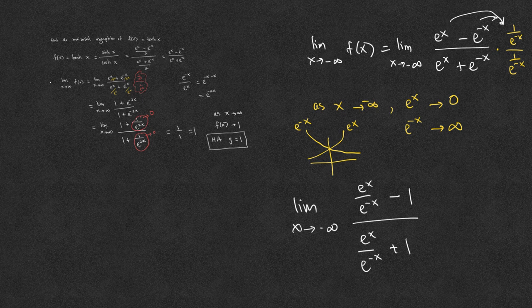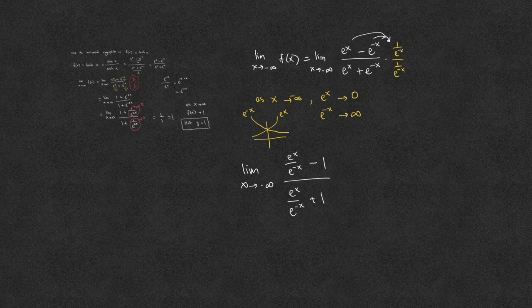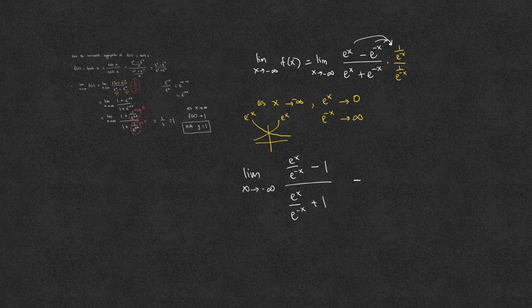We still need to evaluate this limit, but we will do this by rewriting. As x goes to negative infinity, this is e to the positive 2x minus 1, because e to the x over e to the negative x this time is e to the x minus negative x, which is e to the 2x. But x goes to negative infinity though.